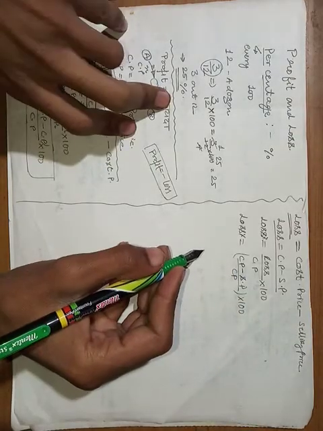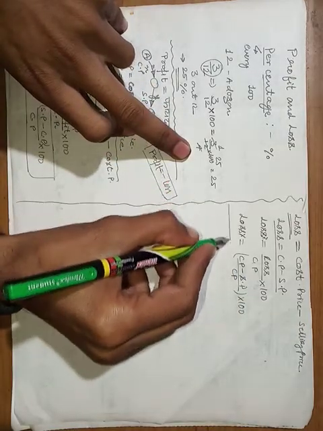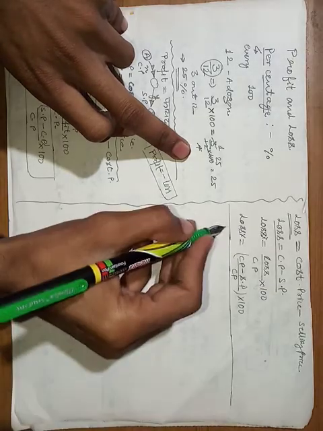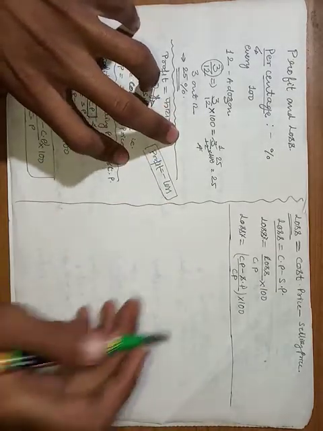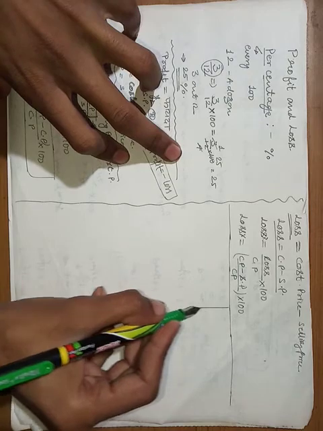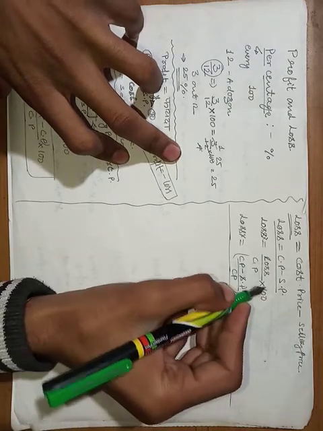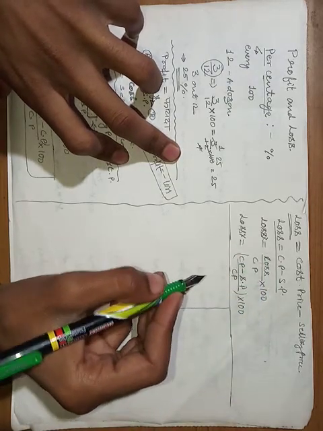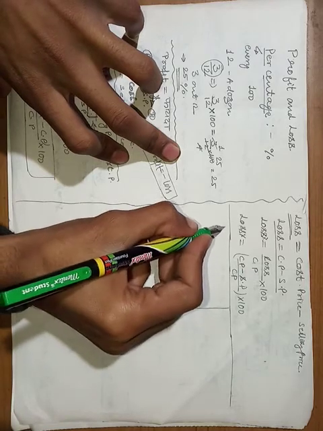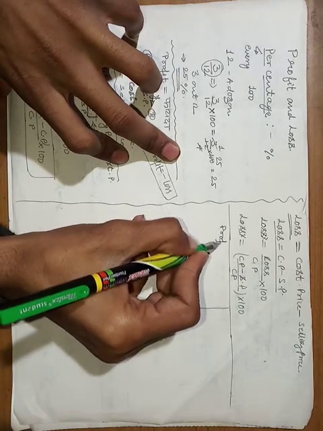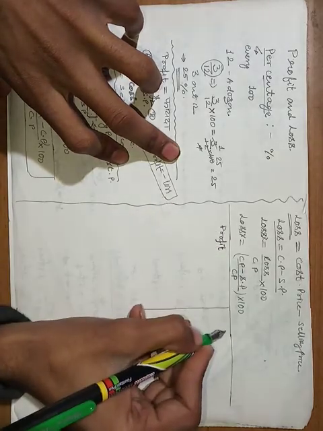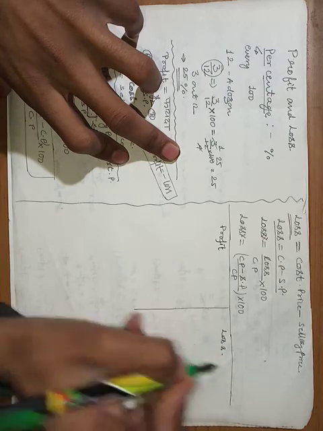Now you might find other things. Let's make two columns. यहाँ तक मैं समझता हूँ कि clear होगा. What if you have profit and what if you have loss?